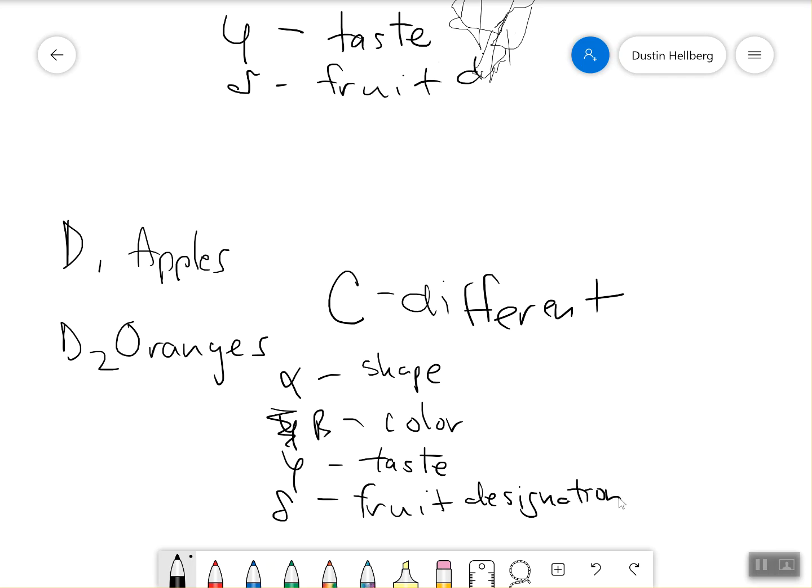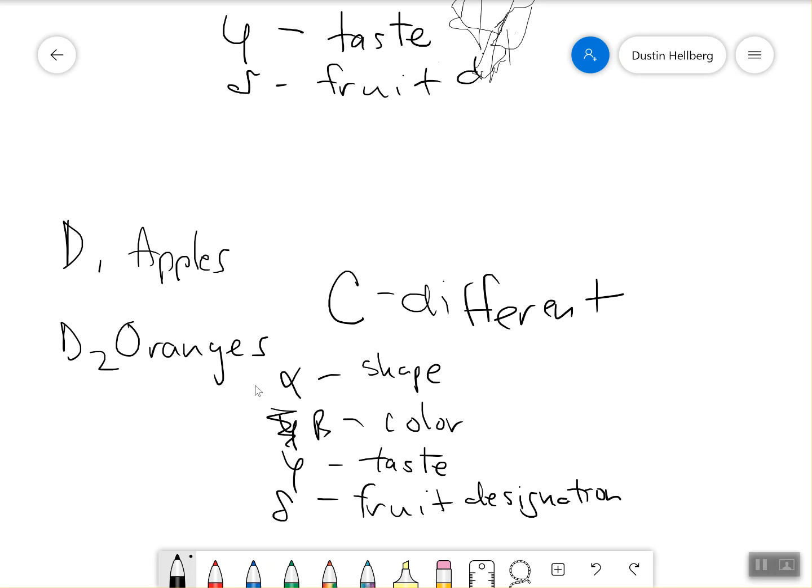designation. Here's what I want you to see, and this is the most important aspect of organizing your thesis statements in this way before you start writing. It allows you very quickly to make sure that your topics fully and completely support your claim and connect to the data. So here's how this works.